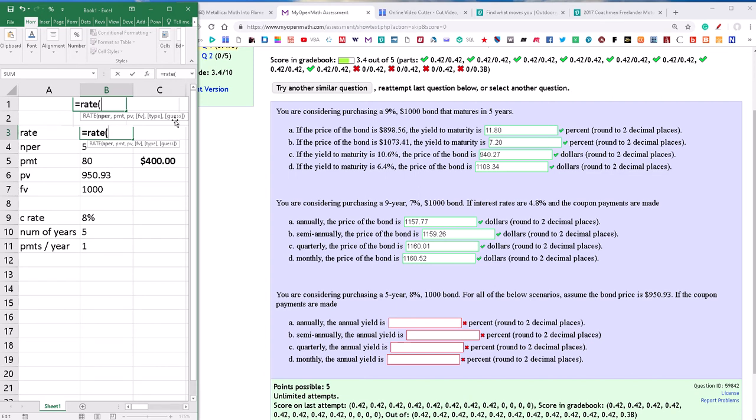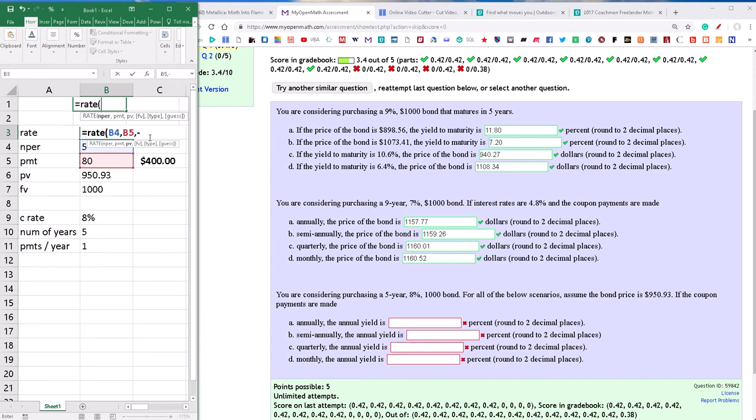Okay. So here the rate is equal to the first thing being the number of periods. It's a 5-year bond with 1 payment per year. The next thing is the payment. The coupon percentage is 8%. 8% of 1,000 is 80, and we get that paid once a year. And then the next thing is the price, or present value.